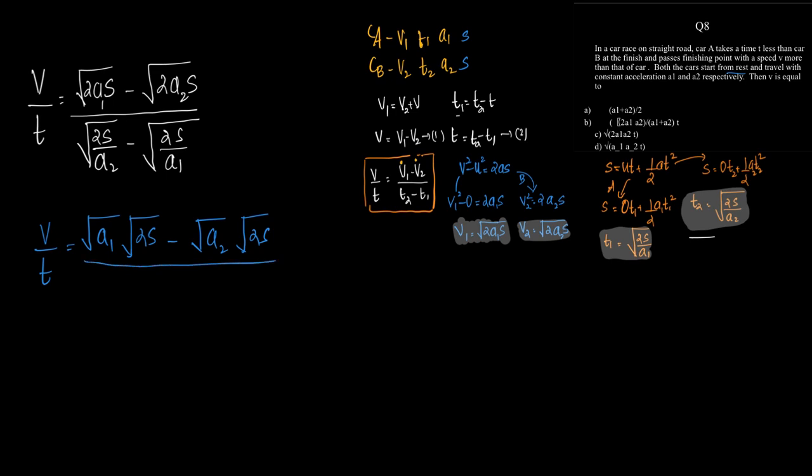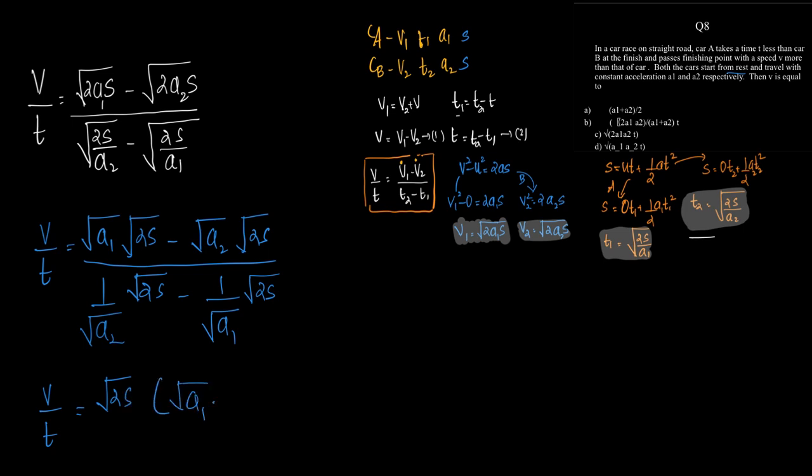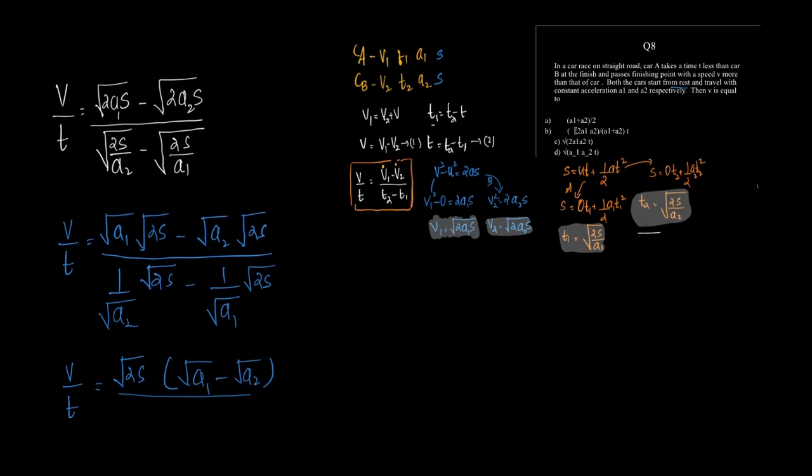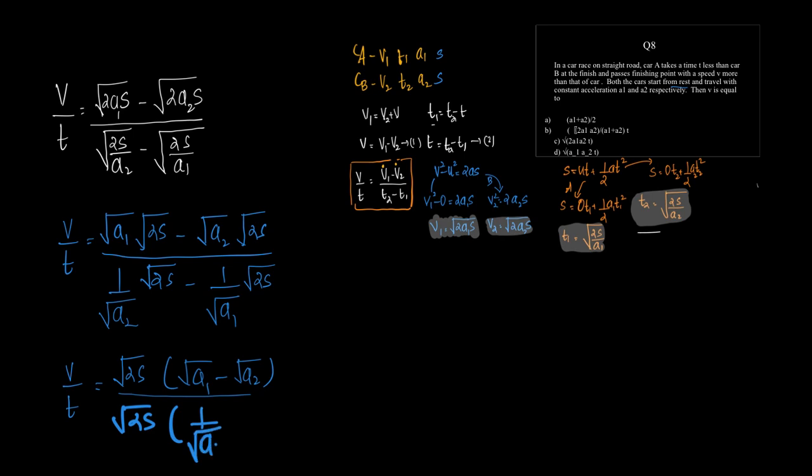So the denominator becomes root 2s into 1 by root a2 minus 1 by root a1.